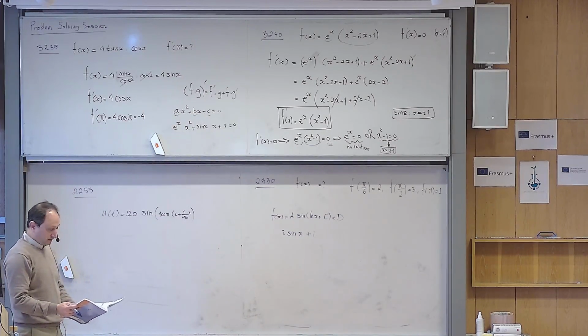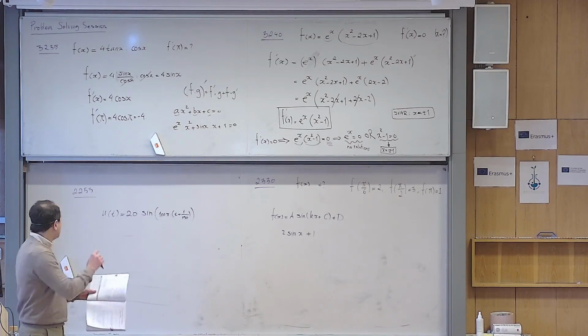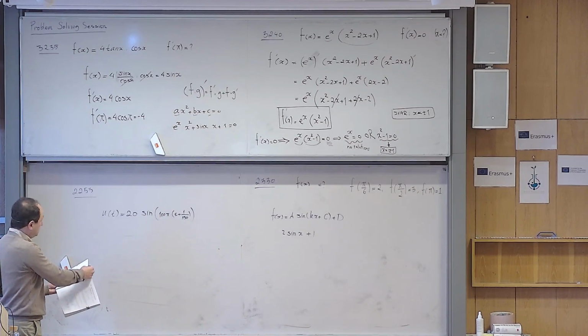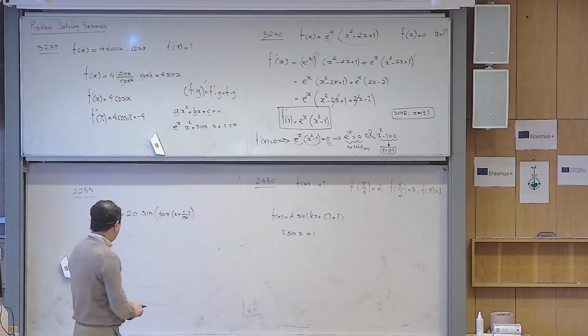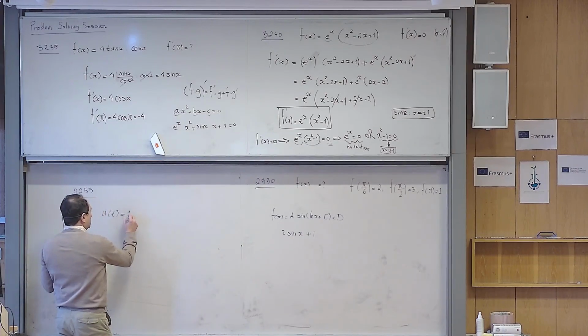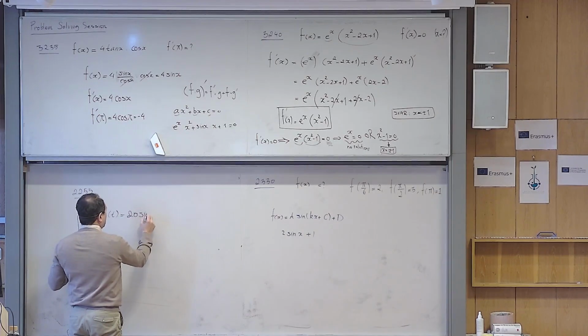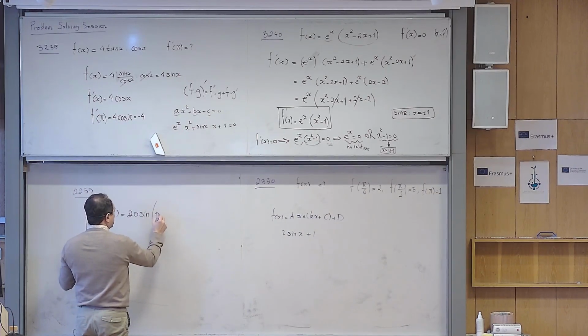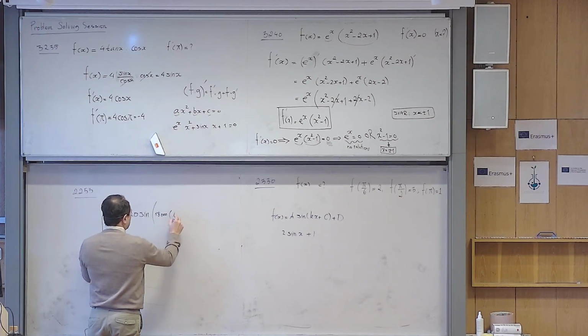Let me write what is in your book. Can you read it for me? It's 20 sine, and 18,000, and then within parentheses, t plus pi over 3.